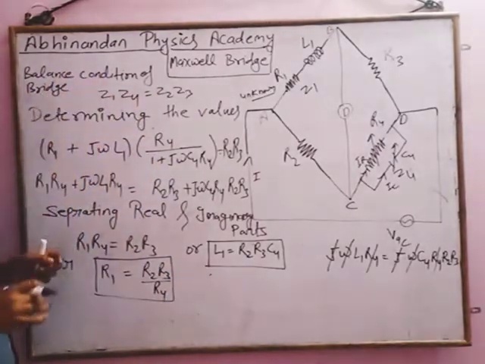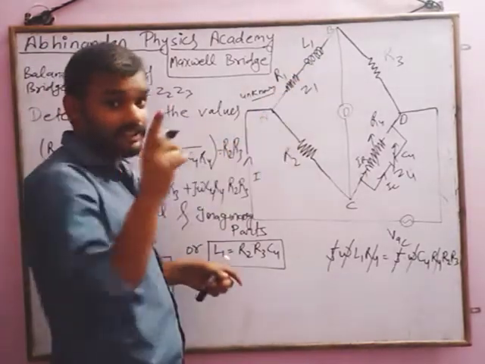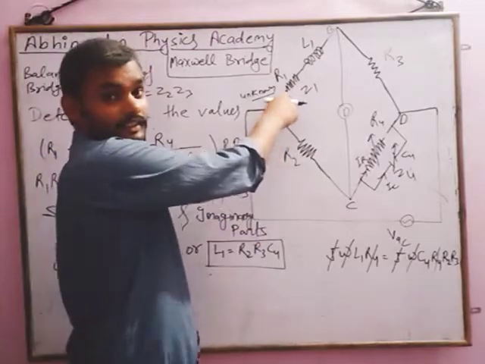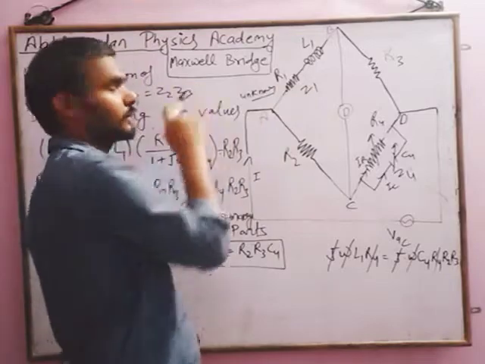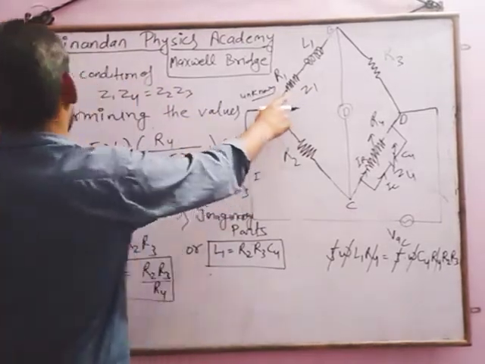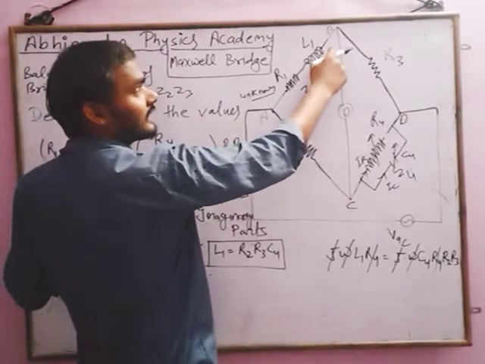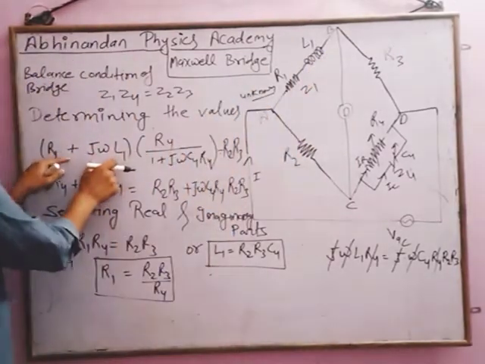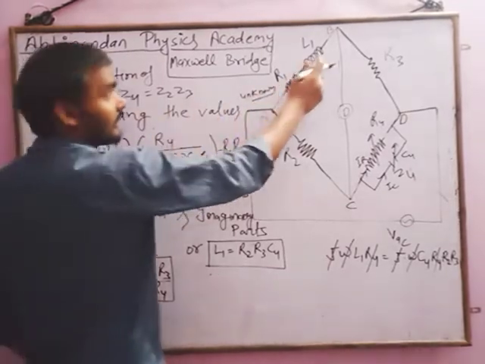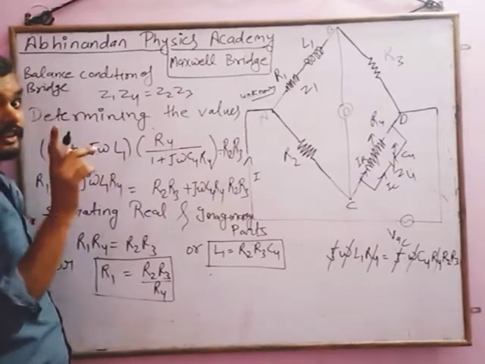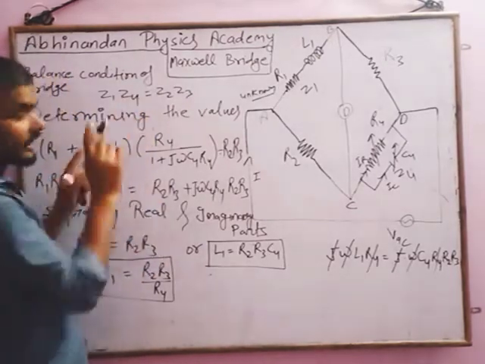Z1 Z4: what is Z1? Z1 is R1, where the resistance R1 is applied. R1 is unknown, but we have to put R1 plus j omega L1. We studied in 12th class that the impedance of the inductor is j omega L1. And what is Z4?